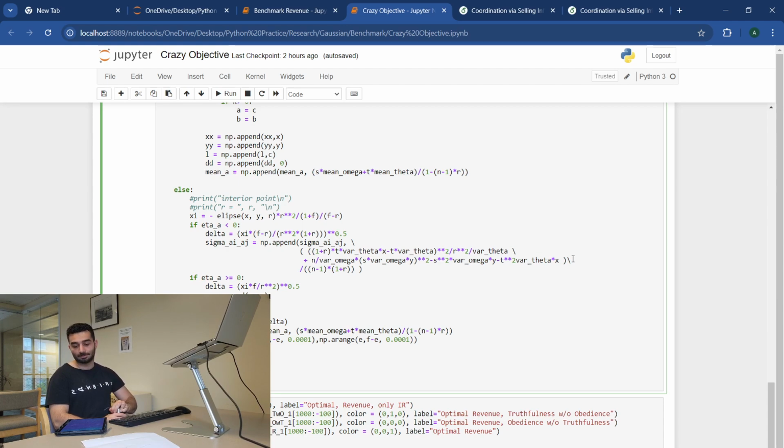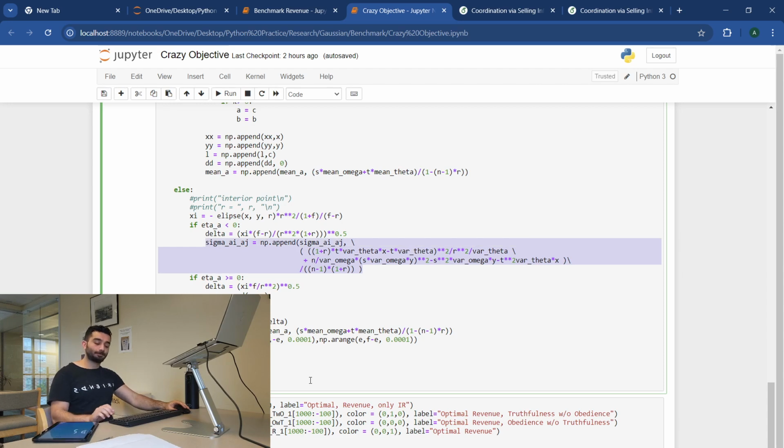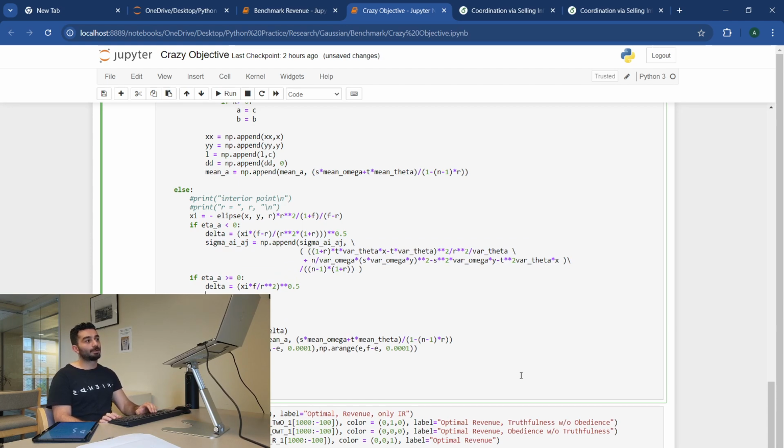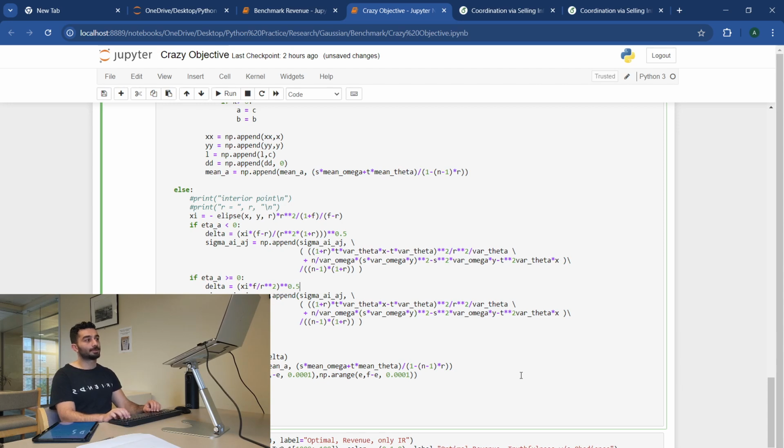Eta is greater than or equal 0. Eta is greater than 0, sigma aj is this.